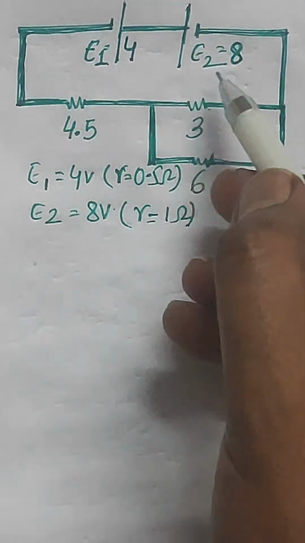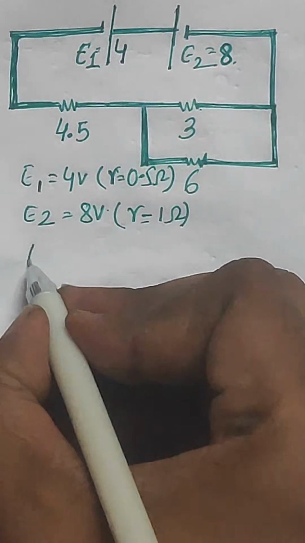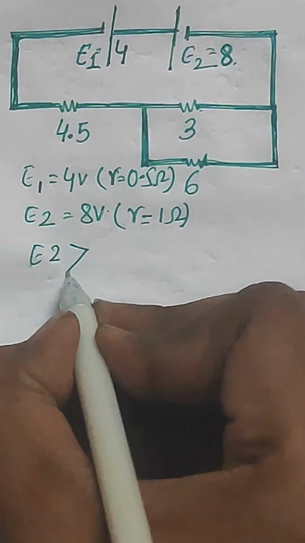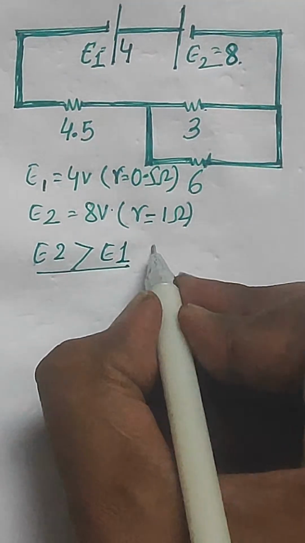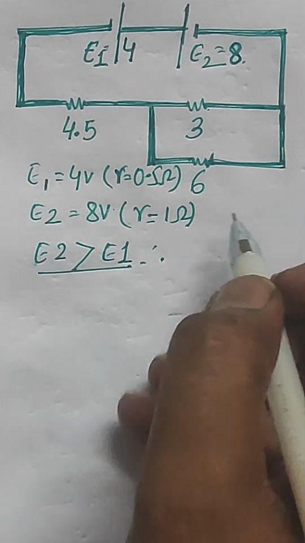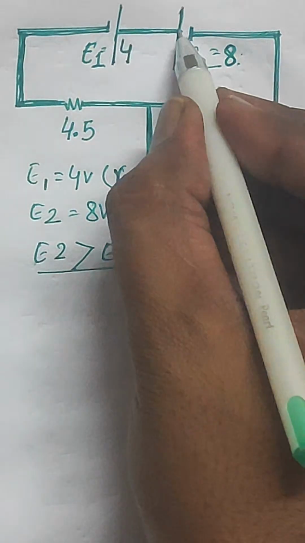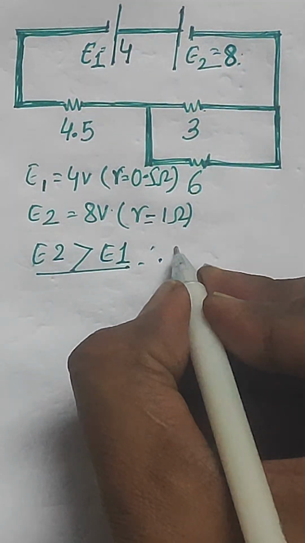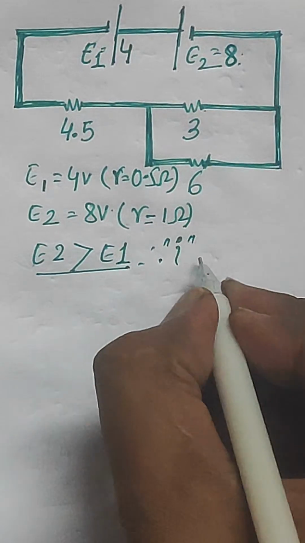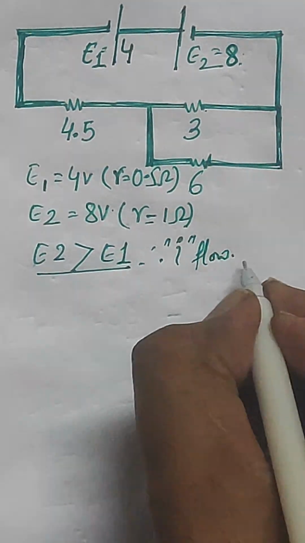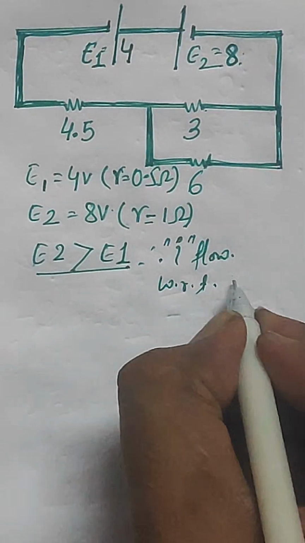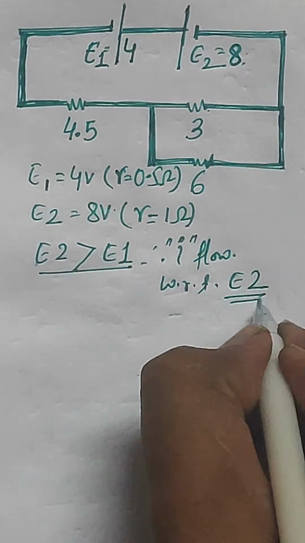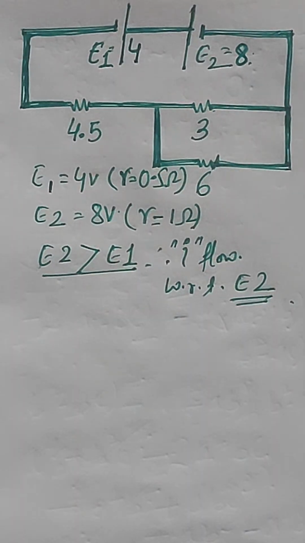E2 is greater than E1, therefore the current will flow with respect to E2.